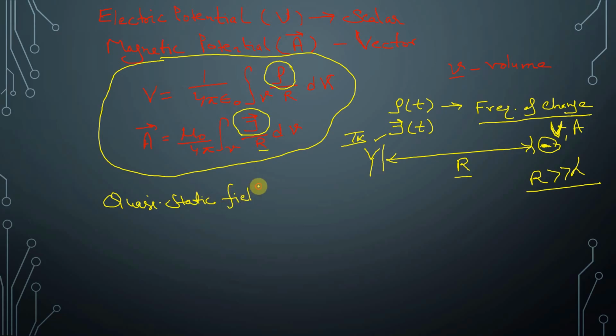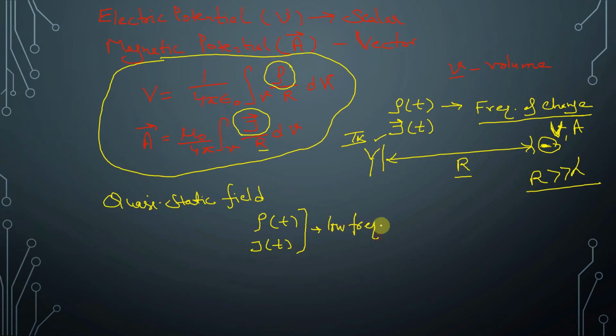What are quasi-static fields? The fields are not changing much. You can say that rho and J are changing with time, but they are changing slowly, with low frequency.